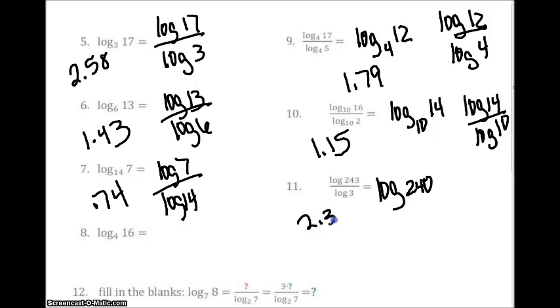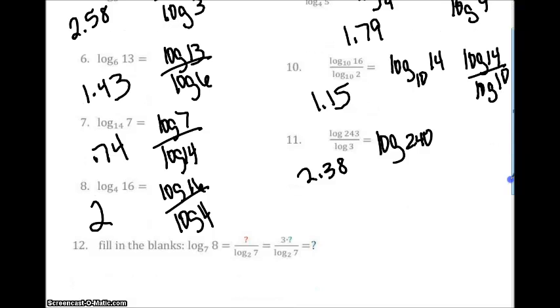If you wanted to make sure that was right, you could go log 240 closed divided by log 10, and you get the same answer. Number 8 becomes log 16 divided by log 4. Log 16 closed divided by log 4, and you get approximately 2.